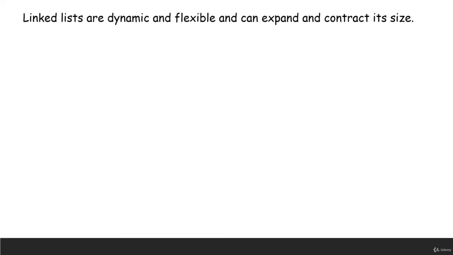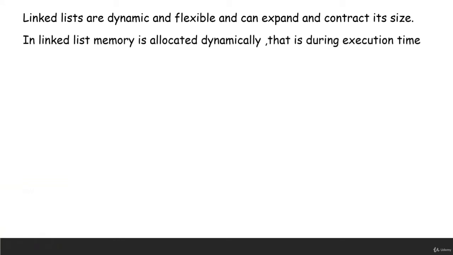Now let's have a look at some points on linked lists. The first point is that linked lists are dynamic and flexible and can expand and contract their size. Why? Because in a linked list, memory is allocated dynamically, that is, during execution time. Yes, because a linked list is flexible, it can expand or contract its size according to the situation.